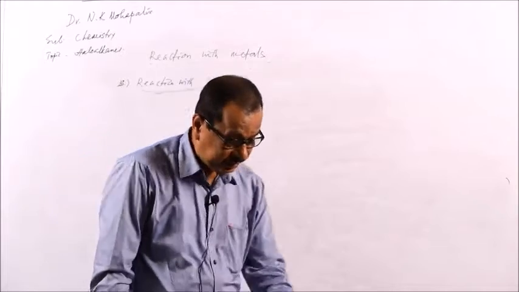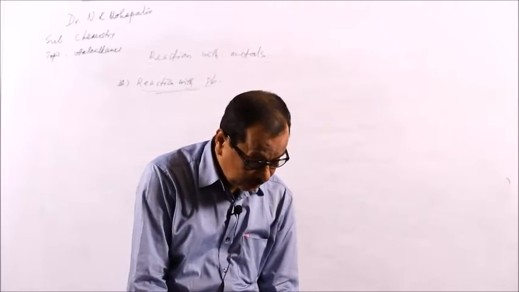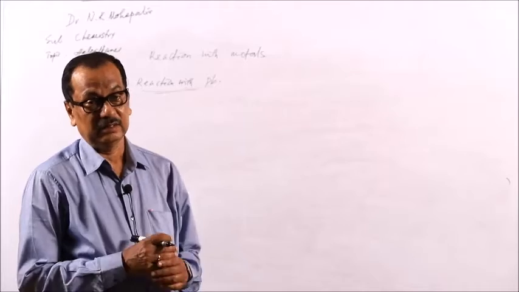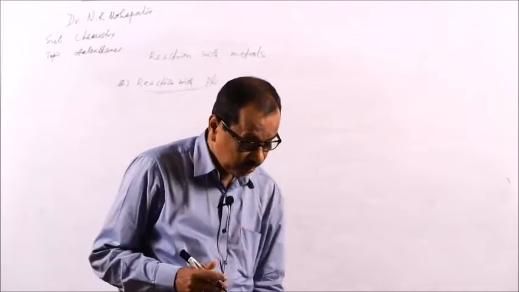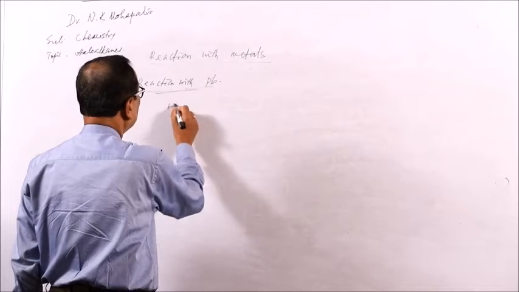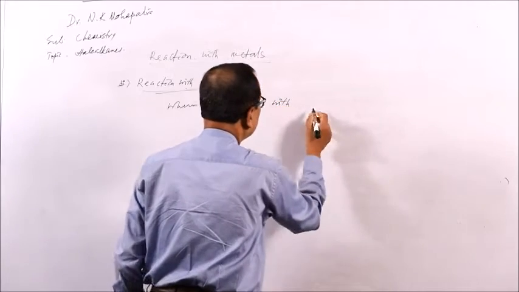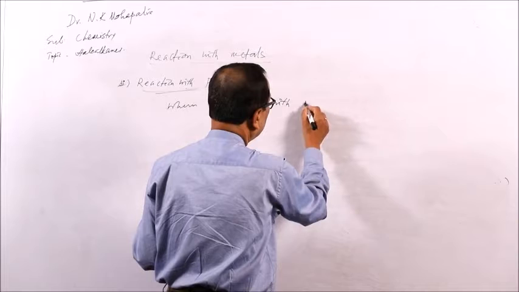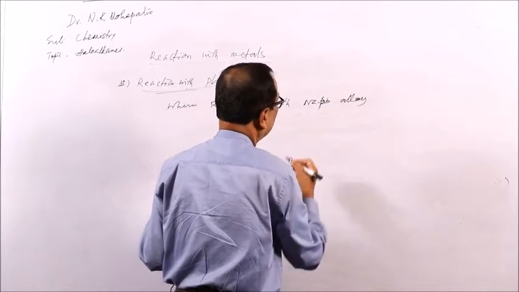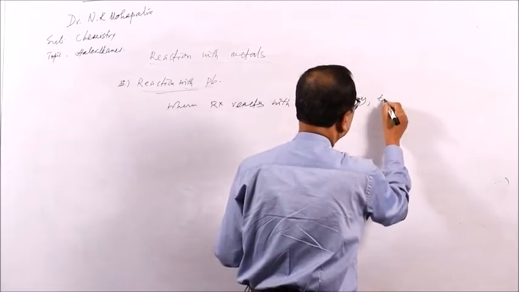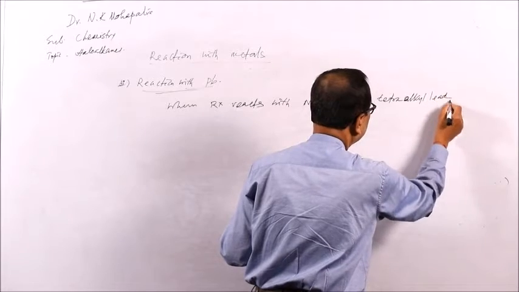When alkyl halide is treated with sodium-lead alloy, we get a compound called tetraalkyl lead.